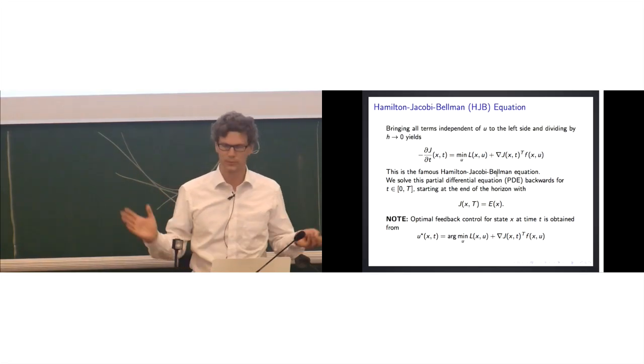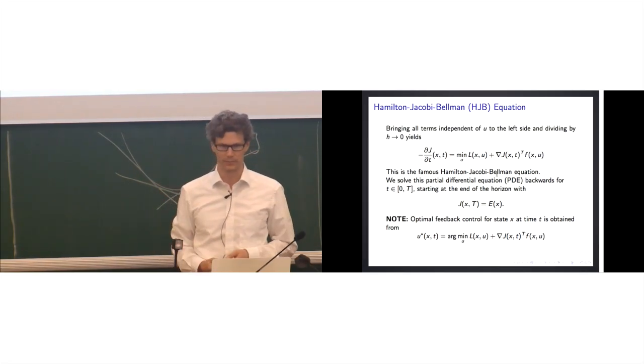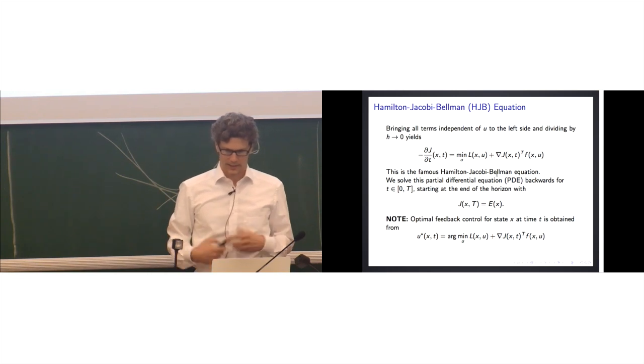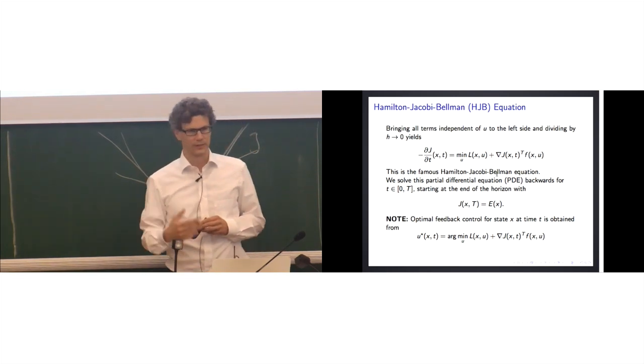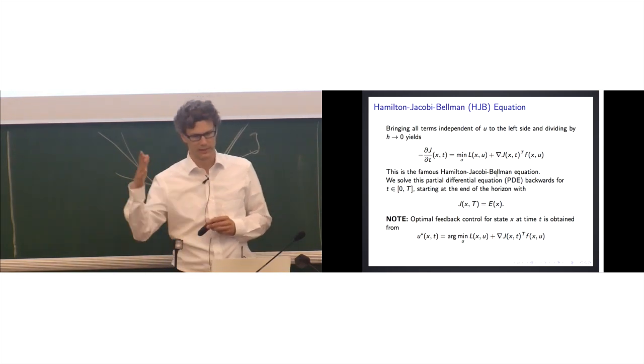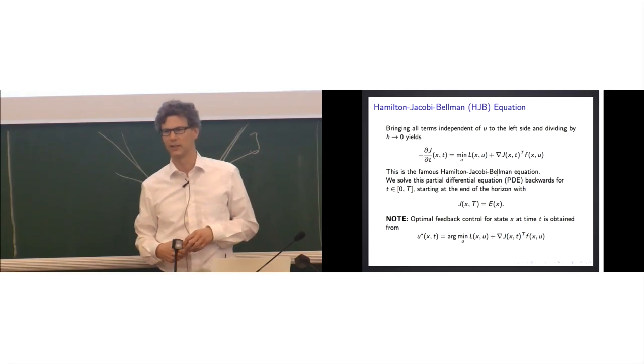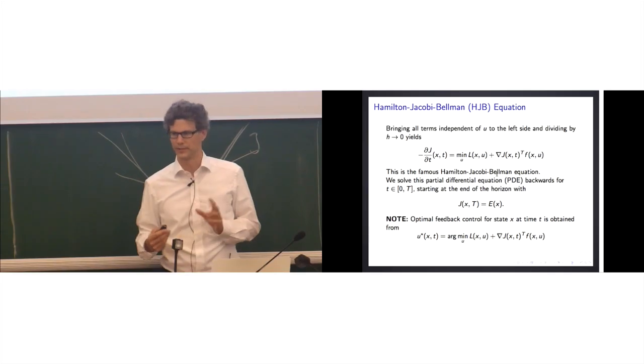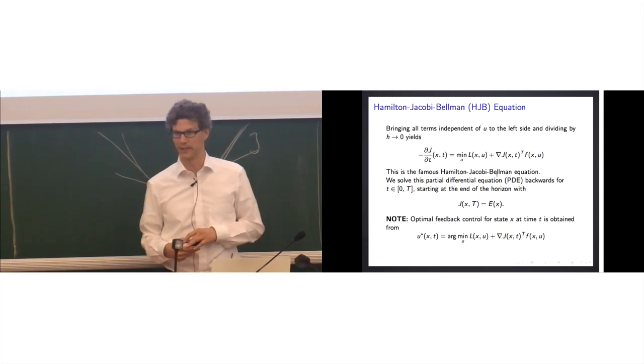But if you would assume differentiability, everything would be nice, and you can derive it this way. And as said before, we would then solve this equation backwards by fixing the terminal condition of this J and going backwards in time.